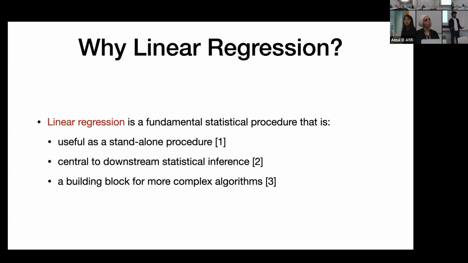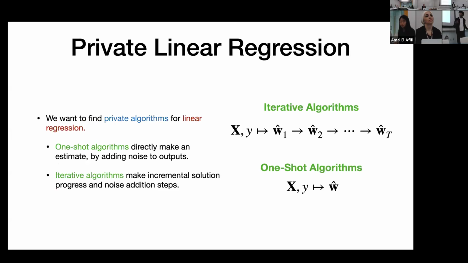And linear regression is also used as a building block for more complex algorithms. For example, if I have some sort of a representation learning model and I want to do classification or regression in high dimension, linear regression is the de facto tool for doing this kind of thing. So linear regression is a natural object of study for statistical learning, and I think is something that we should care about.